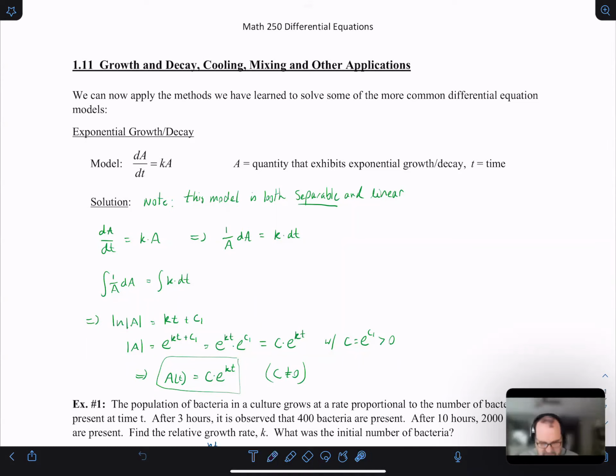This section is basically just a bunch of different applications that we can now solve using some of the methods we've learned. That's basically the approach here. What we're going to do in this section, the first application, exponential growth or decay, I'm just going to cover here, the first 2 pages.